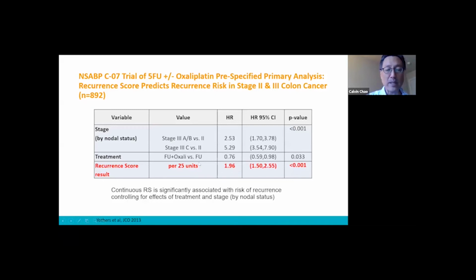But the recurrence score, once again, factoring in these other features, for every 25 units reflected almost a doubling of the risk. And so this, again, is speaking to the fact that not only in stage 2, but also in stage 3, the recurrence score is an important measurement to have if you want to give an accurate assessment of the patient's risk of recurrence.